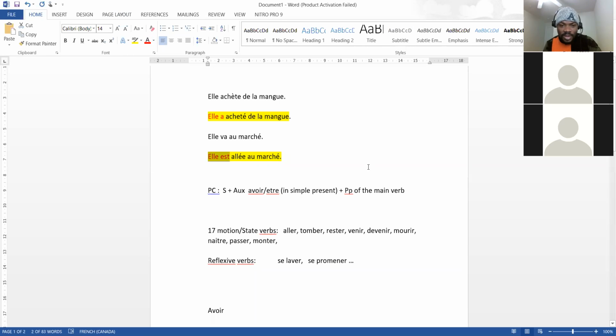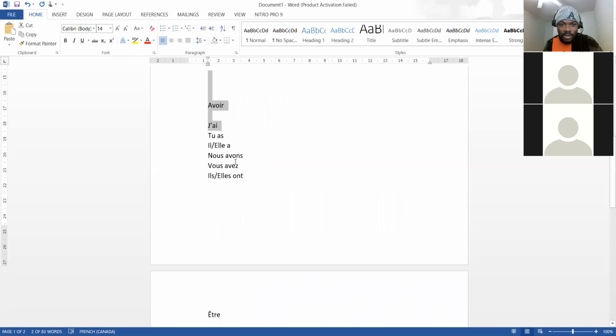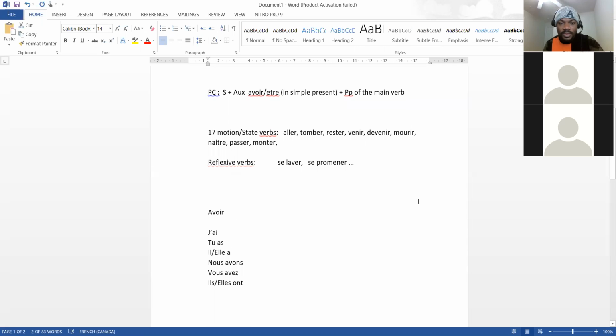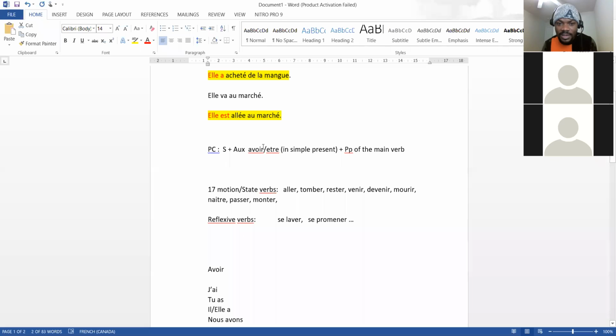So LA is from avoir. We have it here. LA is from être. We have it here. So that's what I explained here, that the auxiliary might be avoir or être, but it also depends on the verb you are using.